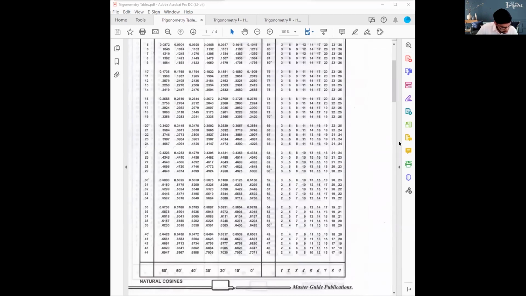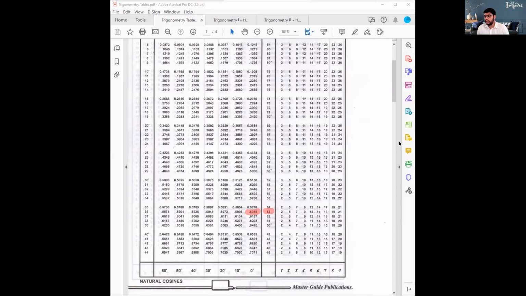So children, you can see cos 53 is here: 0.6018. Praveen, is it clear? Praveen, if you didn't watch the lesson video recording I sent, watch it, okay?